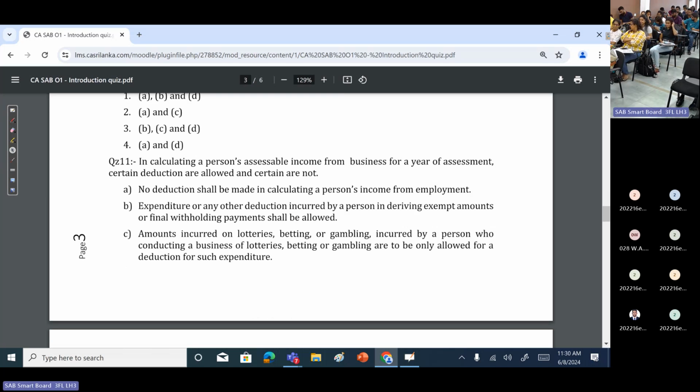In the calculation of a person's taxable income from business for a year of employment, certain deductions are allowed and certain are not allowable, the disallowable expenditure. No deduction shall be made in calculating a person's income from employment. Expenditure or any other deduction incurred by the person in deriving exempt amount or final withholding payment shall be allowed.